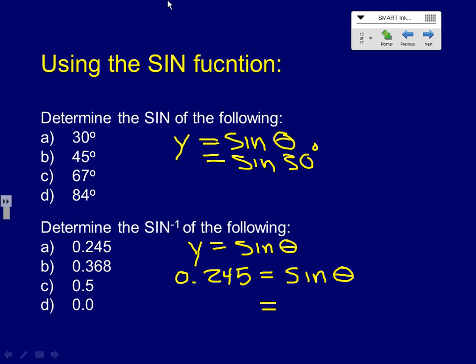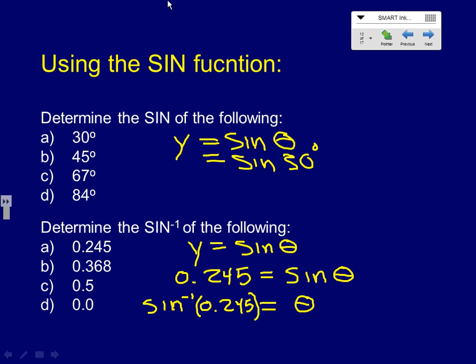Essentially, we simply take the sine, bring it to the other side, make it an inverse sine, and that leaves us with theta. So sine inverse of 0.245 is equal to theta, okay? It's kind of like dividing the thing off and moving it to the other side, like you divide an x off, and it makes it go on the bottom. But we write it a little differently.